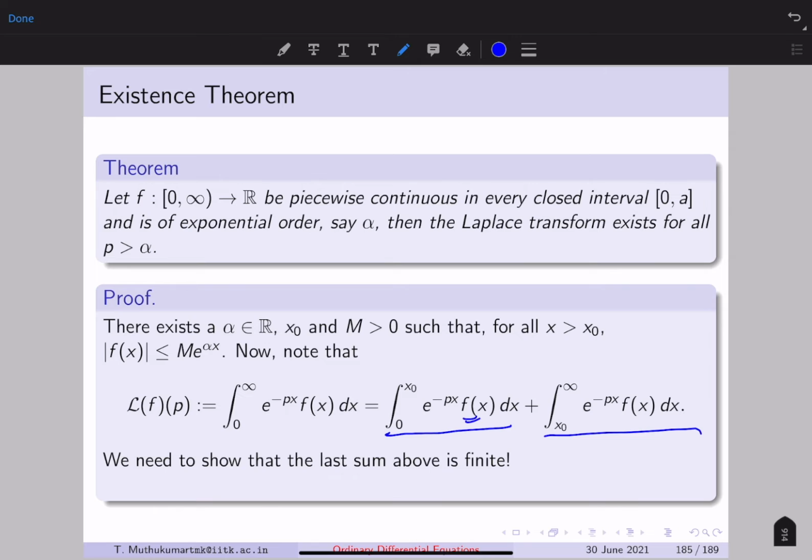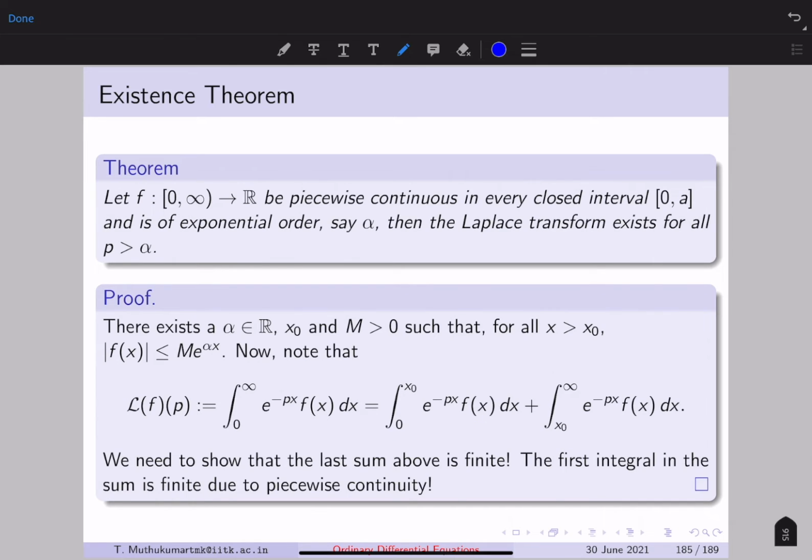So what remains to be checked is this second term here. The first integral is finite due to piecewise continuity, right? Because f is continuous on a closed interval, so f is actually bounded. So this is actually a nice integral which you can compute, which is finite. Okay, so it cannot blow up. This is finite.